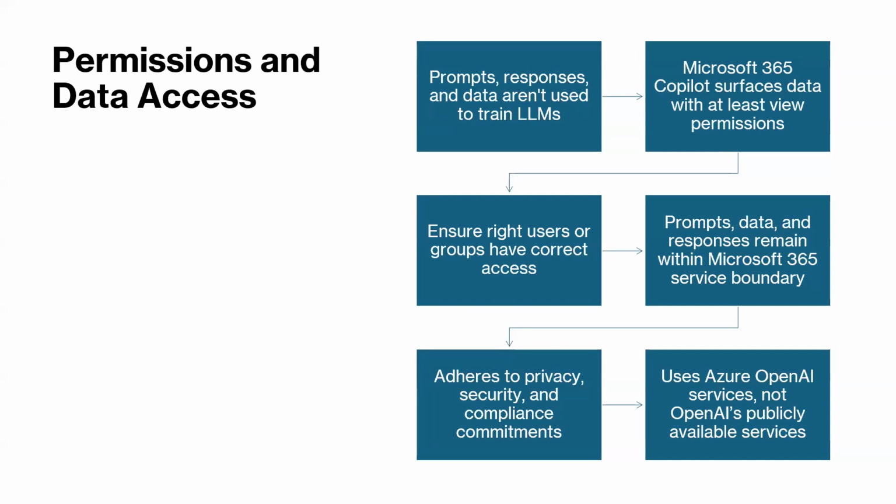Now, with that said, it is very important that you adhere to Microsoft's best practices and recommendations as it relates to permission and security setup within your Microsoft 365 tenant, ensuring that the right users and the right groups have the right permissions to access the important things.